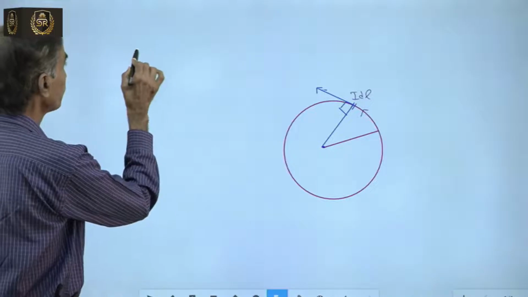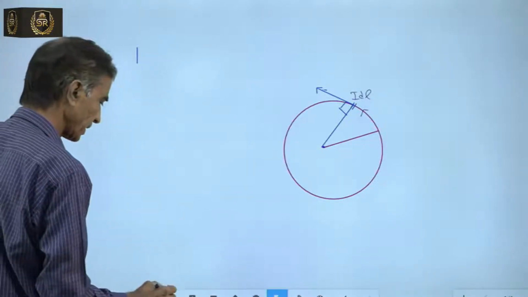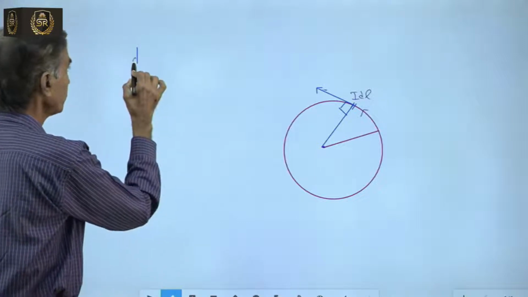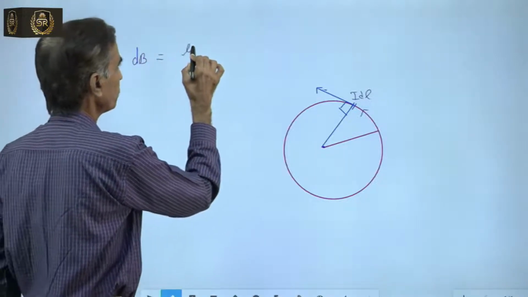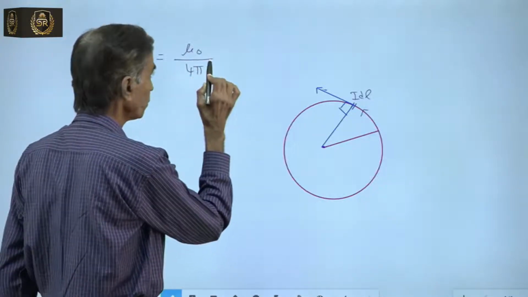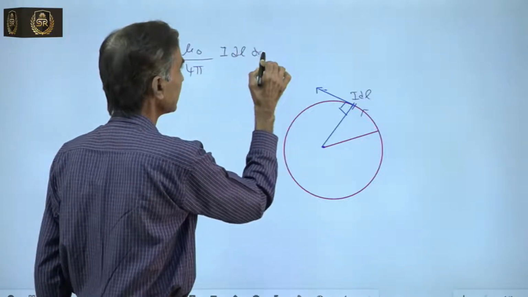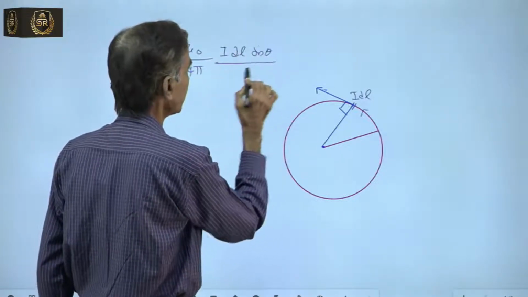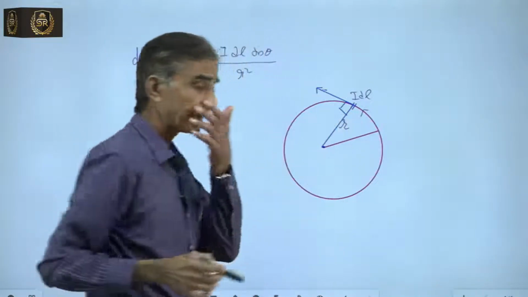What we have? dB is equal to mu naught by 4 pi into I dl sin theta divided by r square. So this is r, the radius.